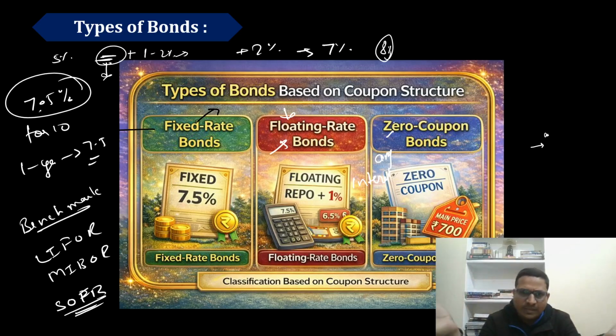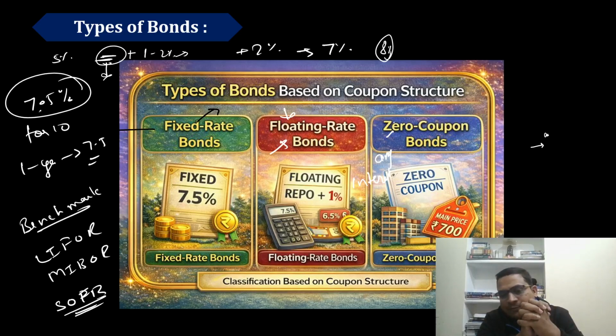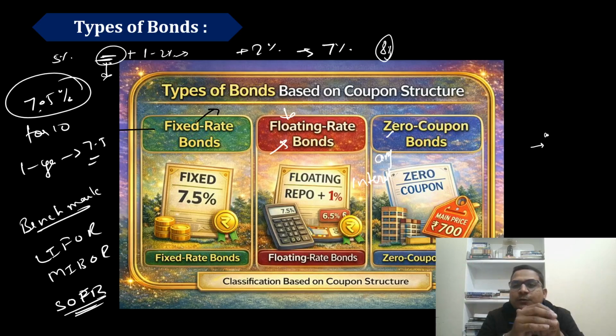Since they are not paying interest, why should I lend this money? So basically, in the case of a zero coupon bond, they don't pay you interest. But what they do is sell you this bond at a discounted price.